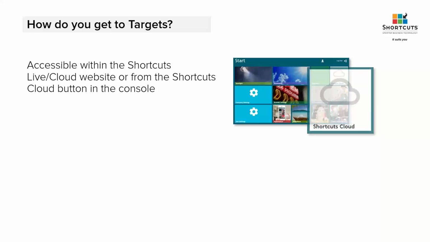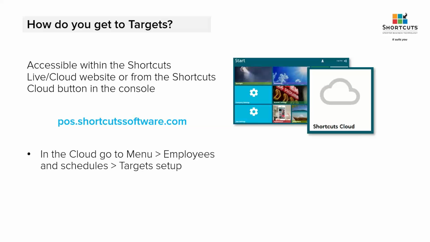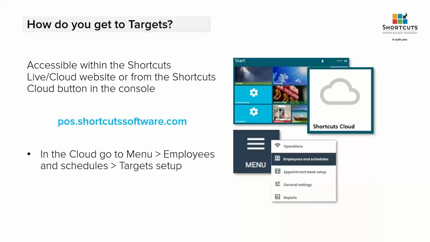Now, to actually access the targets, to create targets for your staff, again, from the console, you go to the cloud. And once you're in the cloud, you go to menus, employees and schedules, and choose the target setup button. It actually looks like a target on it.